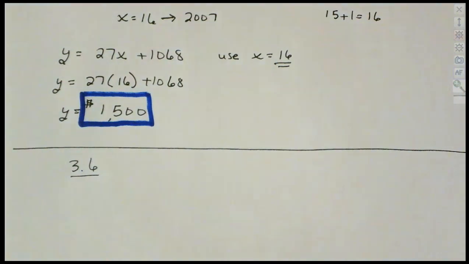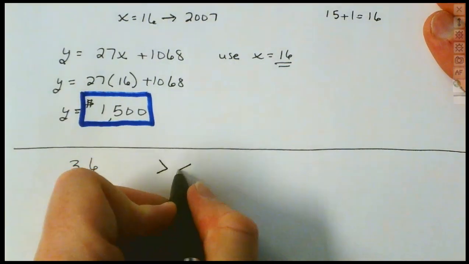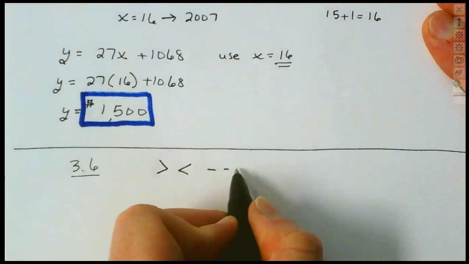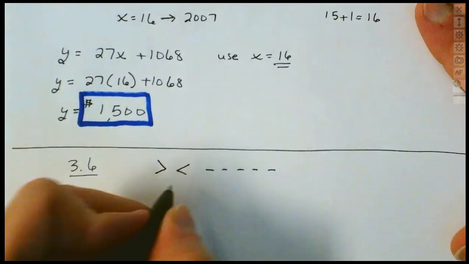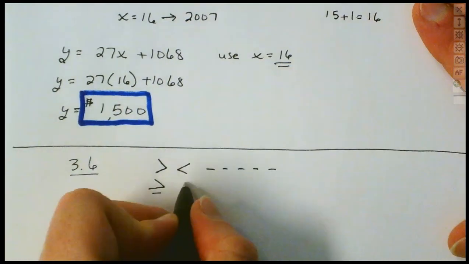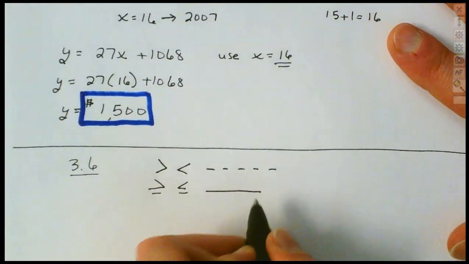And how do we know which one gets which? Well, that depends upon the inequality symbol. So greater than, less than, those are represented by a dotted line. Greater than or equal to, less than or equal to, remember, those are going to get a solid line.